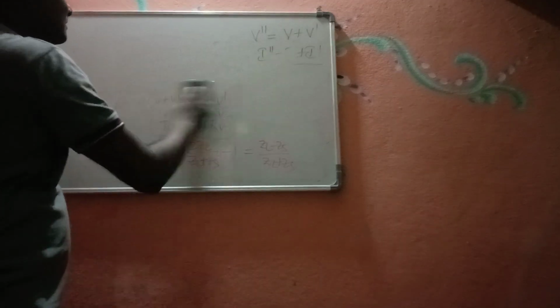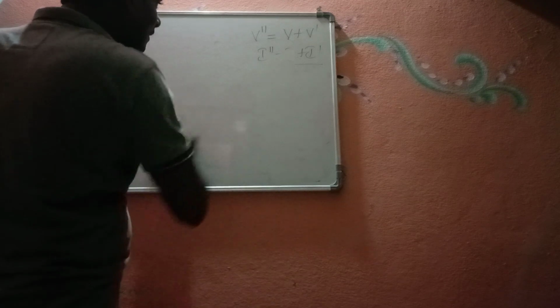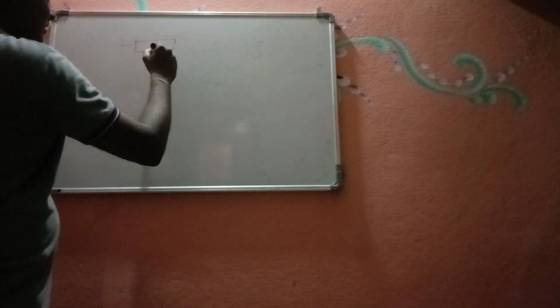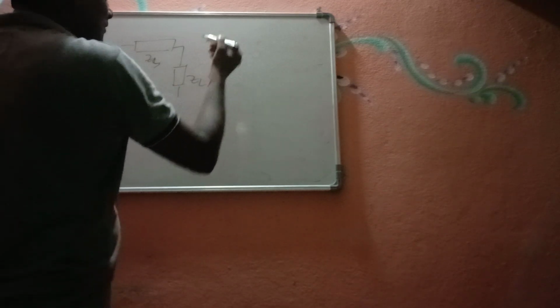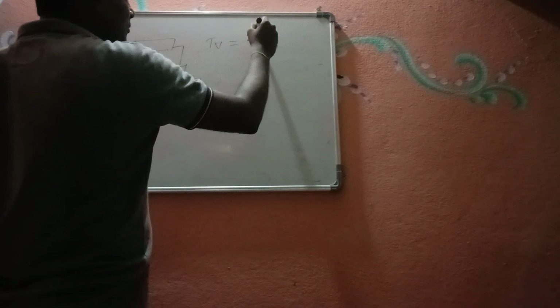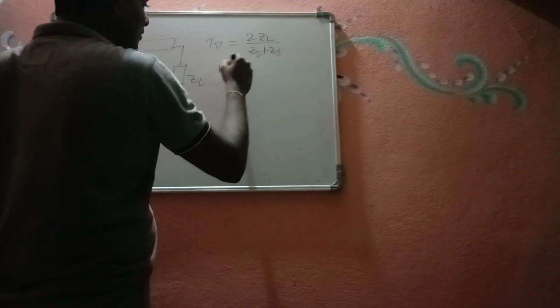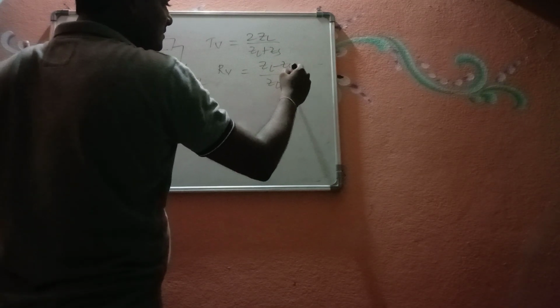When the line of surge impedance ZS is terminated by impedance ZL like this, I will get the coefficients as TV is equal to 2 times ZL by ZL plus ZS, and RV is equal to ZL minus ZS by ZL plus ZS.